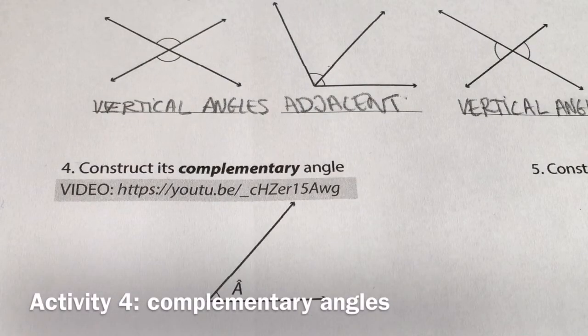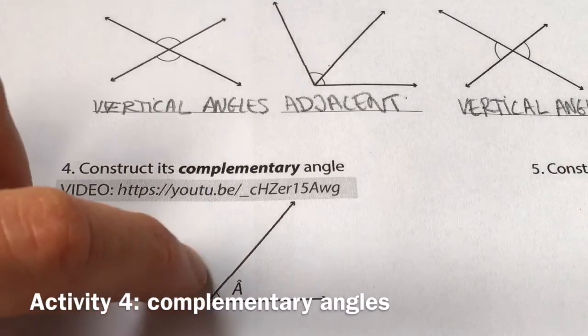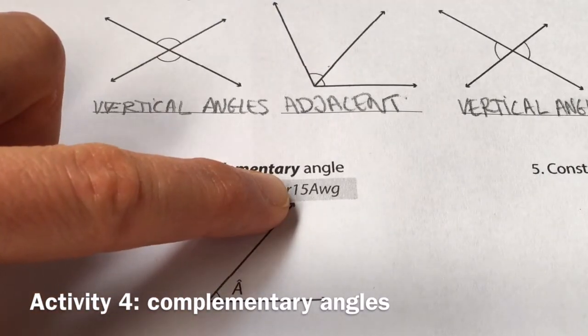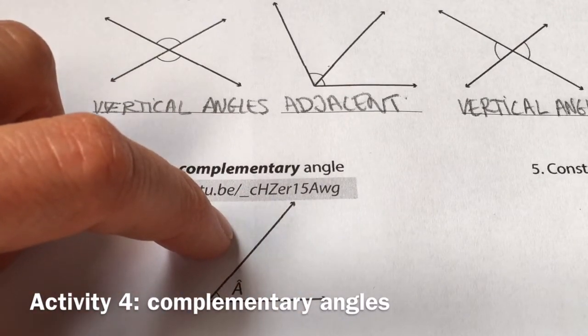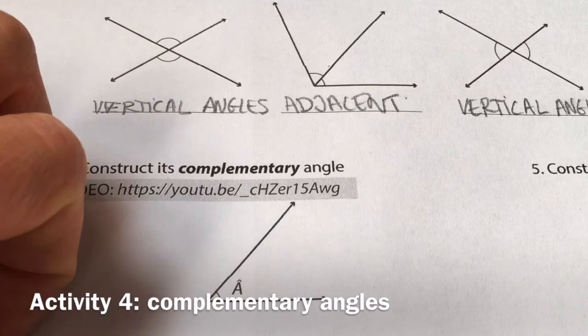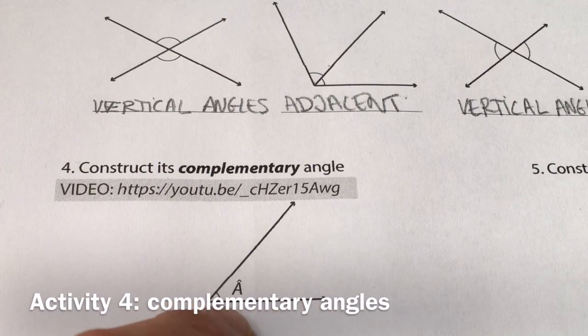Activity 4. Construct its complementary angle. We have a given angle A and we have to construct its complementary, that is another angle that has a common vertex, but when we put them together, the measurements add up to 90 degrees. So basically what I have to do is to construct a perpendicular line to this ray.